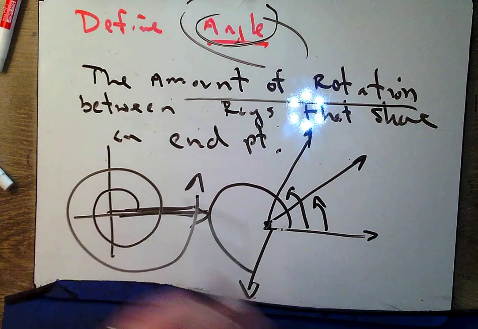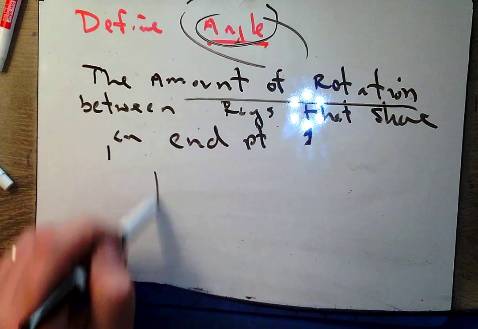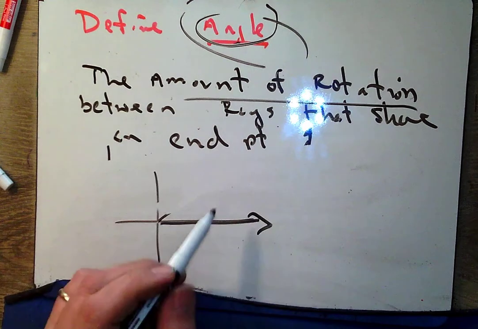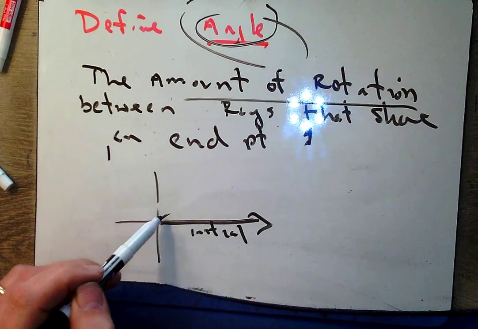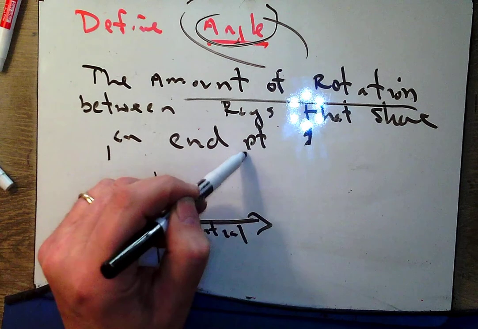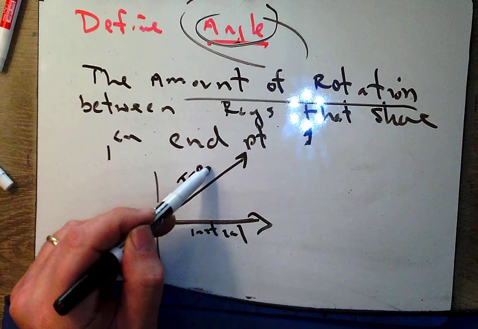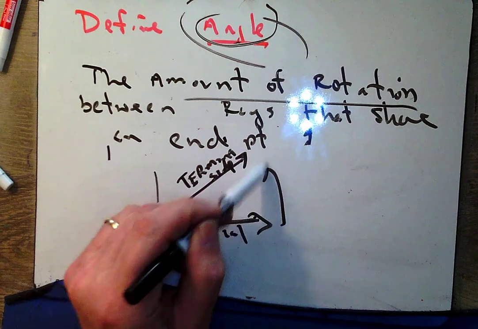My angle is going to have, just so you don't think I'm misleading you, an initial side and a terminal side. And my rotation starts here and goes that way.